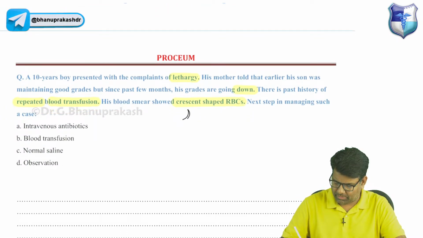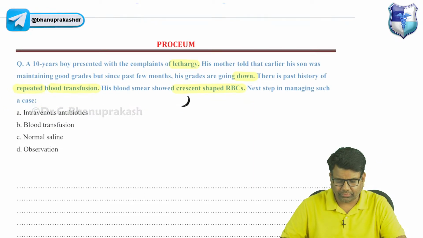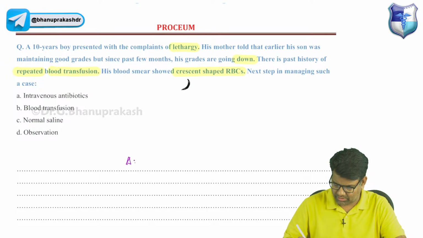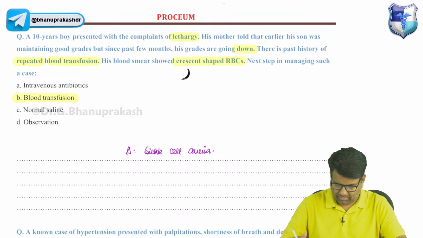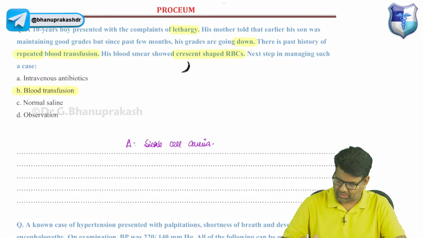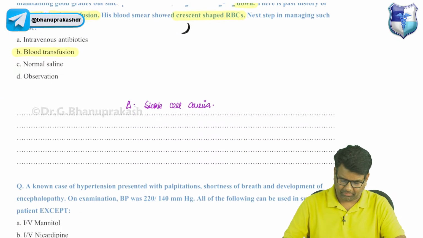The moment you see these kind of RBCs, the diagnosis is sickle cell anemia. There will be a hemolytic presentation, so we need to give blood transfusion. Okay, so blood transfusion. This is a typical case of sickle cell anemia.